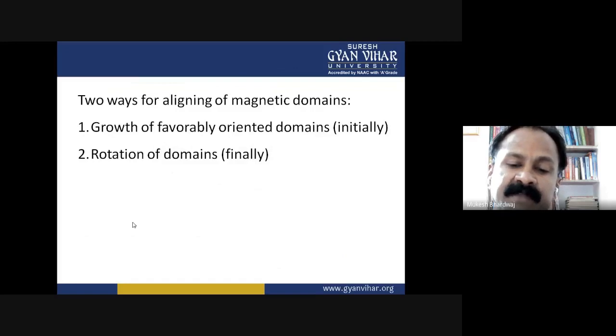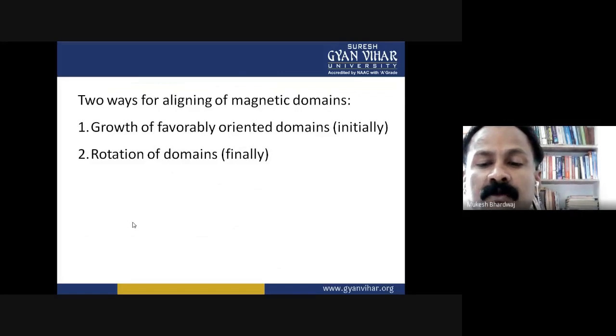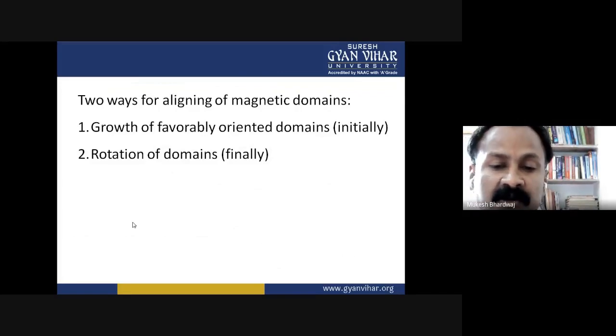Sufficient experimental evidence exists to support the domain theory. A simple technique involves the preparation of a colloidal suspension of ferromagnetic powder. When a drop of this suspension is placed on the carefully prepared surface of the ferromagnetic crystal being studied, the colloidal particles gather along the domain boundaries.